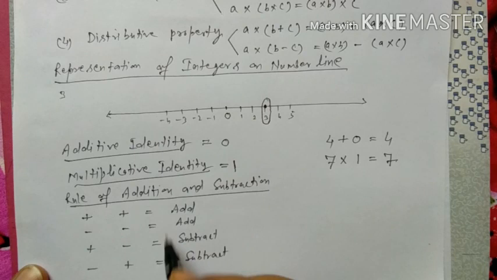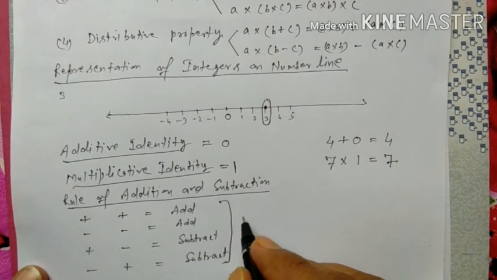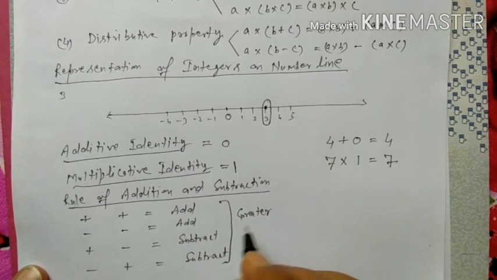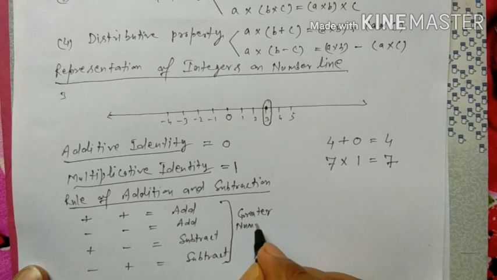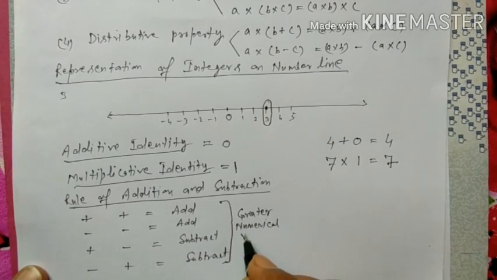And to denote the sign here, you will draw a rule: the greater numerical value sign.